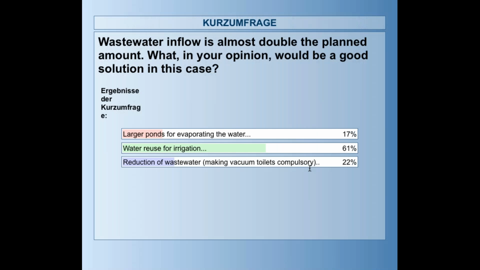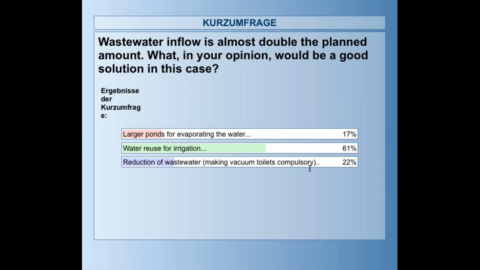I mean, all ideas are feasible. If we do larger ponds, that means we have to do a lot of investment because, as you have seen, we talk about huge areas. If we reuse the water for irrigation, it could be a business model because we could sell this reused water to the farmers who do irrigation.